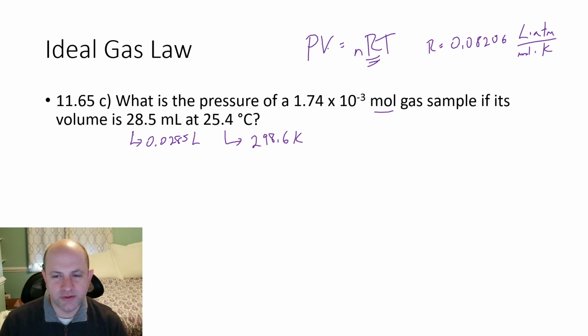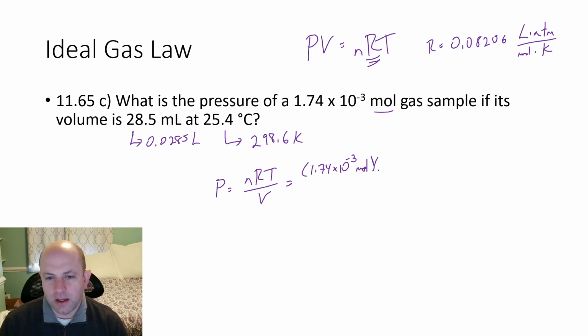So we'll say, okay, we want to solve for pressure. So I'm going to rearrange this to make it pressure equals nRT over V. And then we'll plug that in. We've got 1.74 times 10 to the minus third moles.